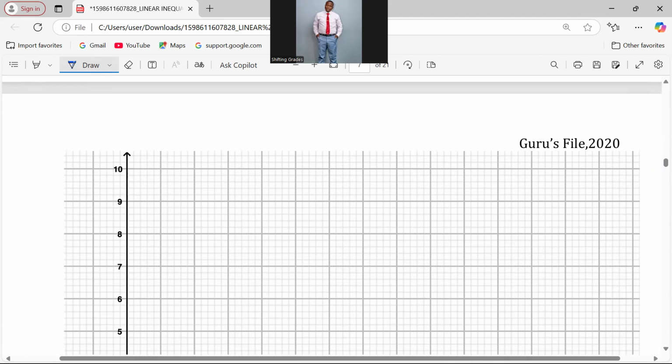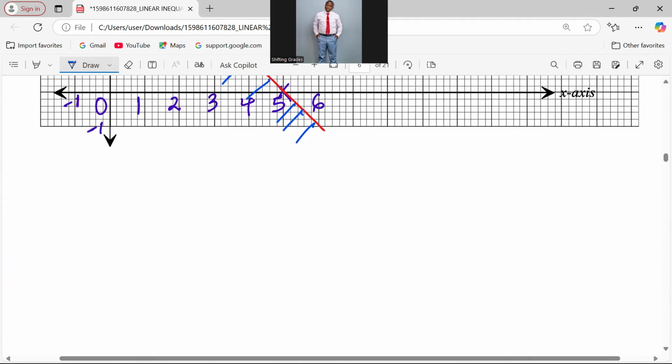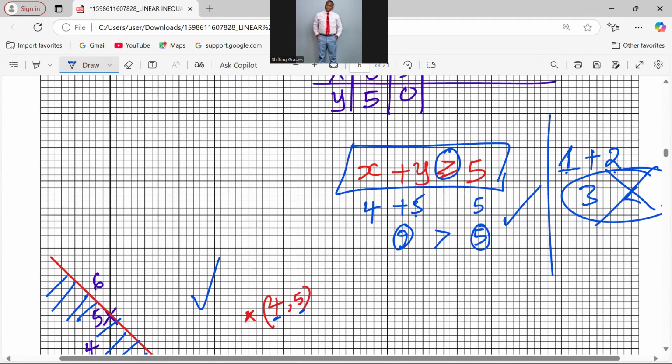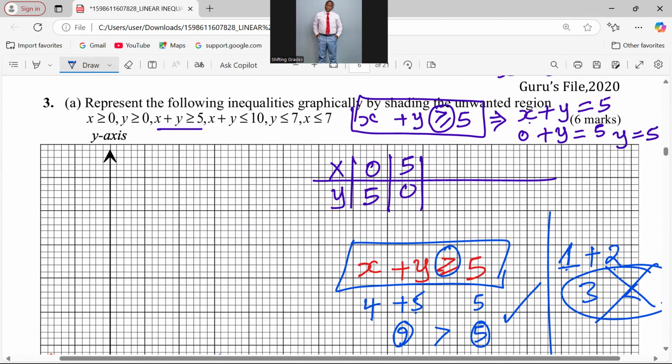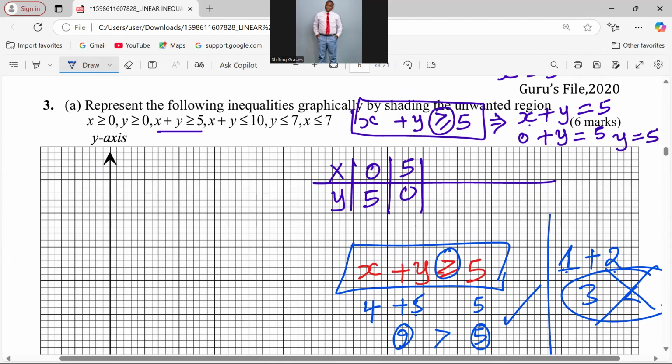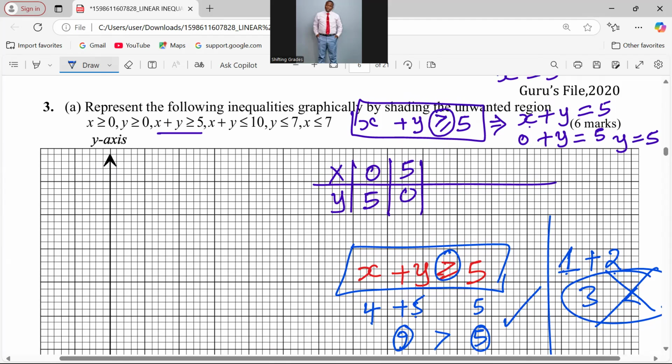Let me pick another example. I'm doing this one for the sake of grade 9 learners who might not plot all inequalities on one Cartesian plane, so I want to help them learn how to identify the side which has to be shaded.